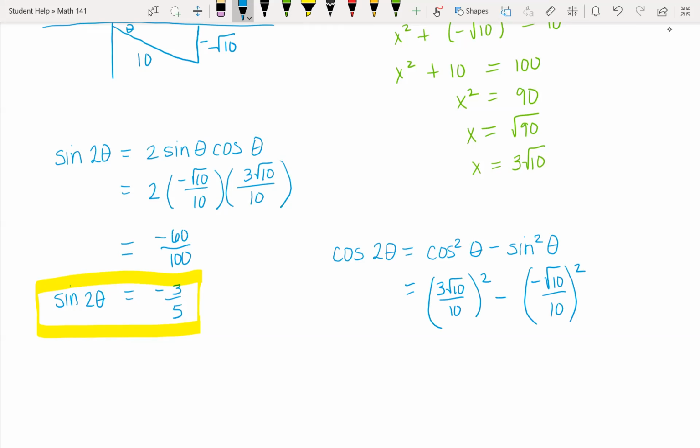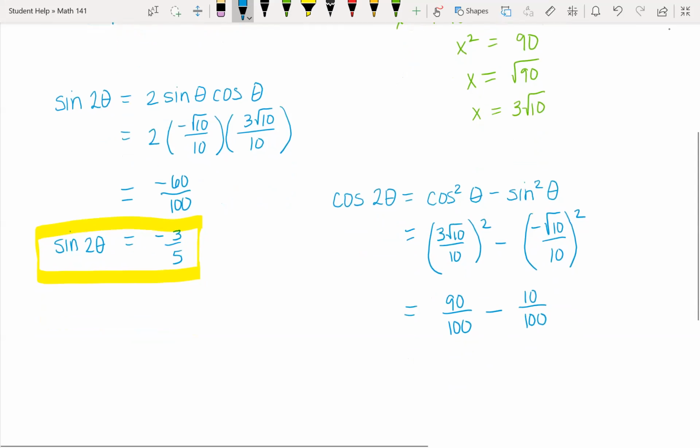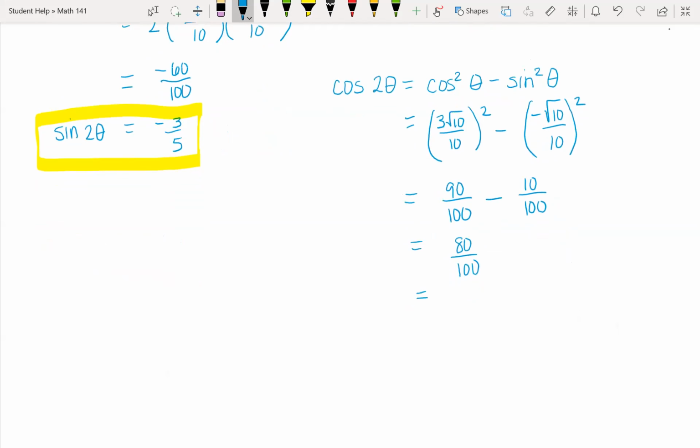When I square this first fraction, I'm going to get 9 times 10, which is 90 over 100. And then here I'm going to get 10 over 100. So it looks like I'm getting 80 over 100, or 4/5. So that's our answer for the second part.